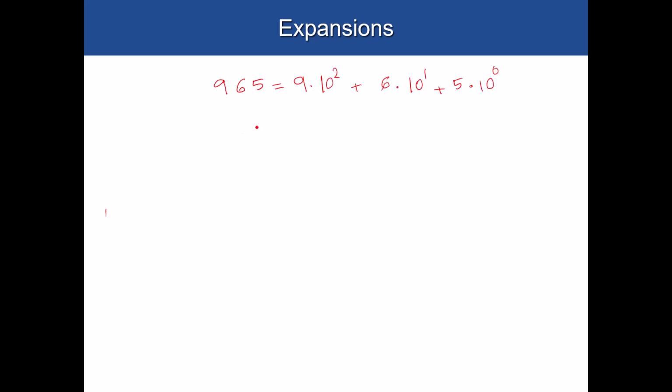So writing a number such as 965 in the form of a polynomial, you can see it is a polynomial, is called expansion, and this idea will be helpful to us when we do conversion between different number systems.